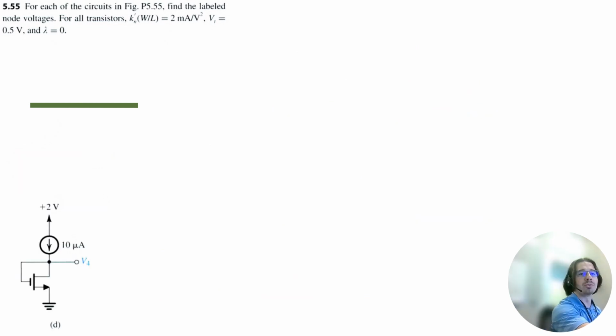Okay, let's do circuit D. So again, we have an NMOS because the arrow is pointing out. Now, this time we have the current source at the drain wire. The drain we are reading is still right here at this node, V4, which we can see is equal to the voltage at the gate because it's shorted right here.